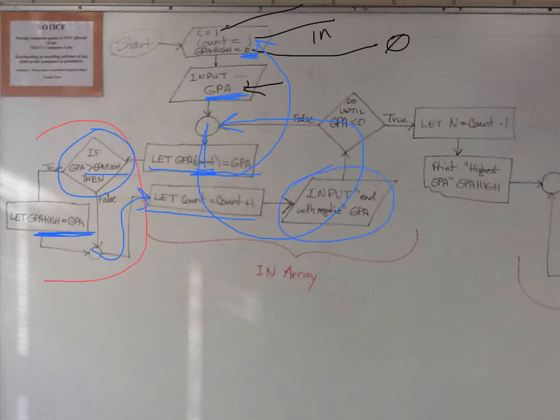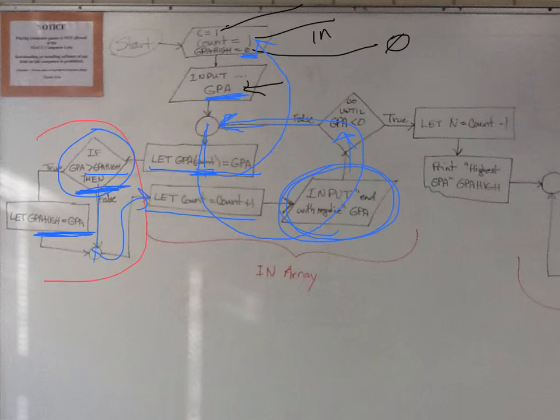we input another GPA. Is it less than 0? No, we have a trailing decision. When it's less than 0, negative, then we're going to be done, at least over to this part. And so we go false, we come in, we got another GPA, we're going to put it in the array, and then we're going to look, is it the largest one? Is it bigger than what we stored?